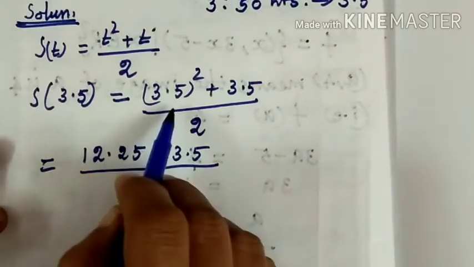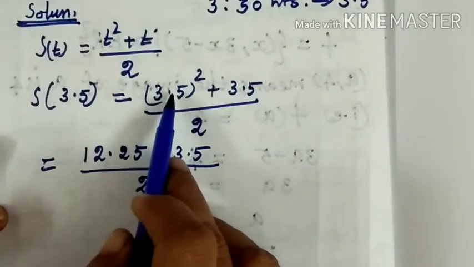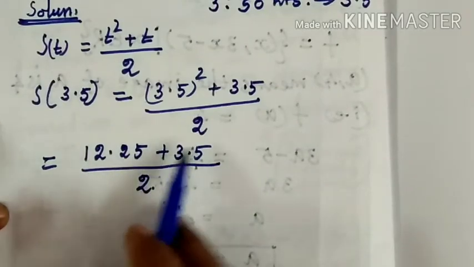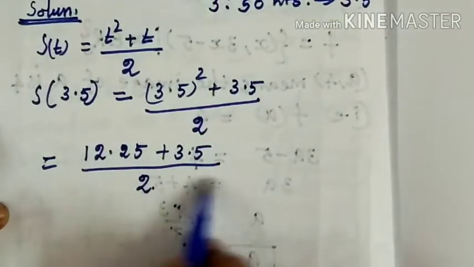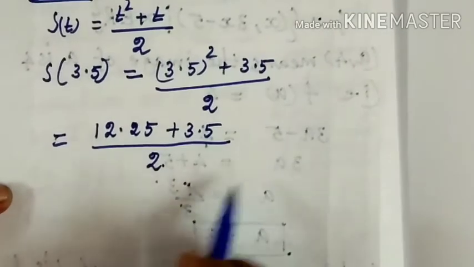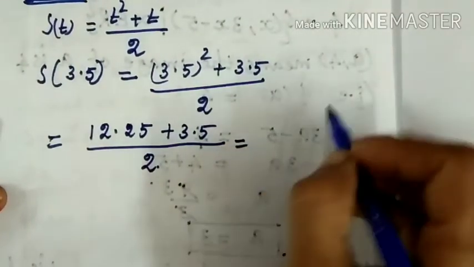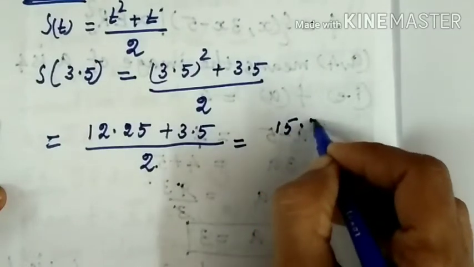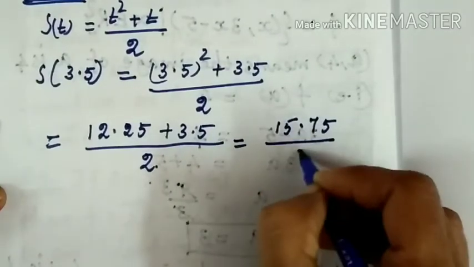Now you simplify this, we get 3.5 into 3.5 is 12.25 plus 3.5 divided by 2. Now you add this, we get 15.75 by 2.